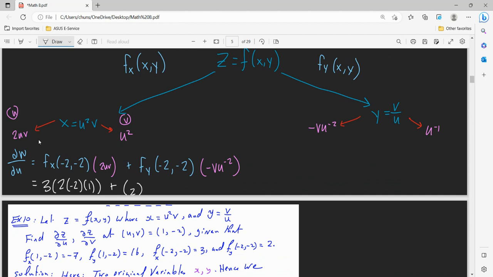So this is 2, and this is negative 1. Sorry, v is negative 2.